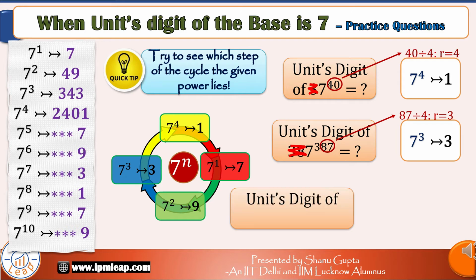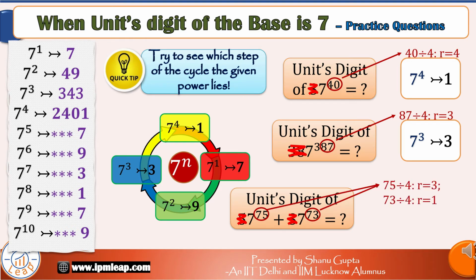In the next question, we have to find the units digit of 57 raised power 75 plus 37 raised power 73. Again, ignore the extra digits in the bases of these two numbers and just keep their unit digit, which is 7 for both. 7 raised power 75. 75 when divided by 4 leaves the remainder 3. Third step of the cycle.